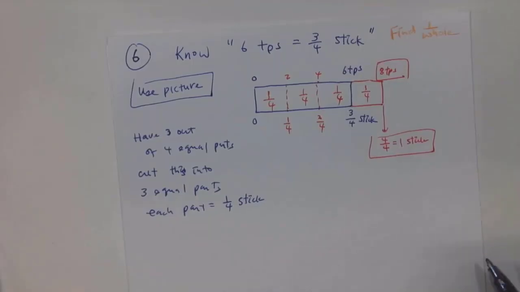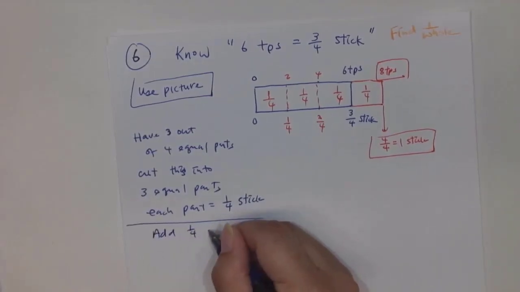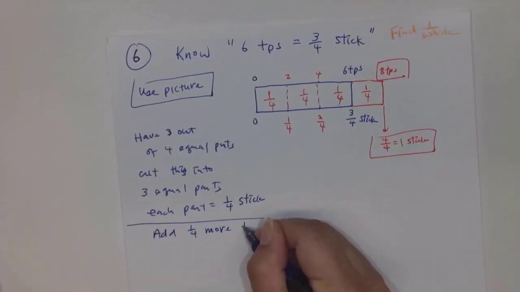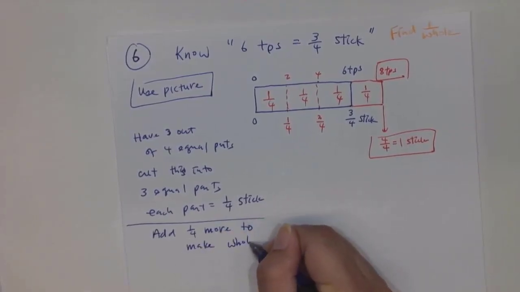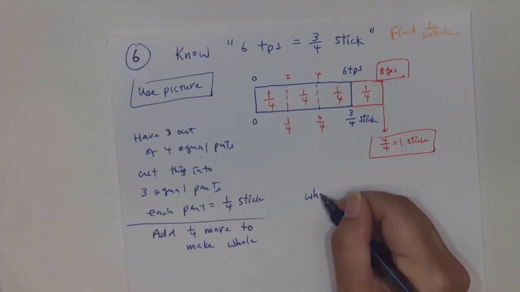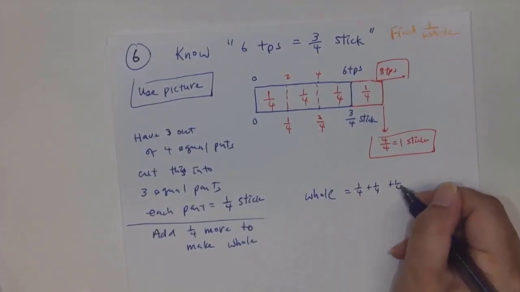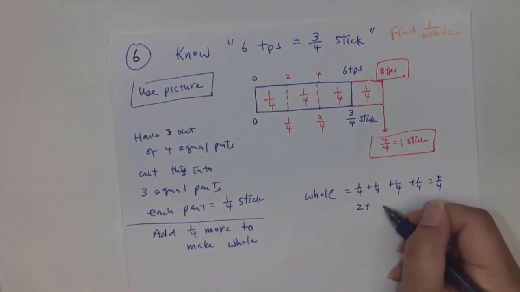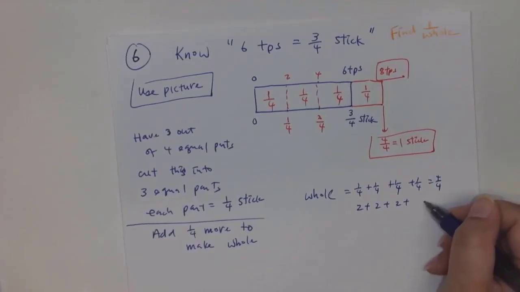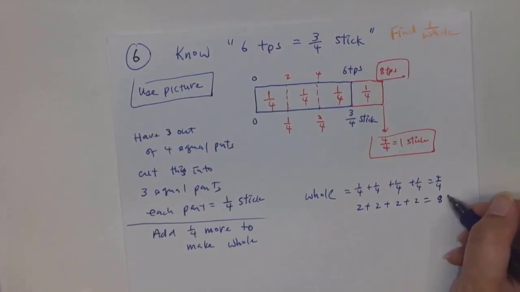So we can show that we add 1/4 more to make a whole. So the whole thing would be 1/4 plus 1/4 plus 1/4 plus 1/4 equals 4 out of 4, which is 2 tablespoons plus 2 tablespoons plus 2 tablespoons plus 2 tablespoons equals 8 tablespoons.